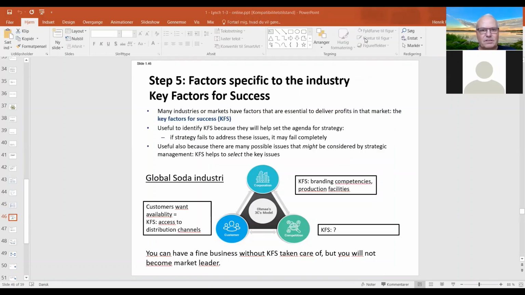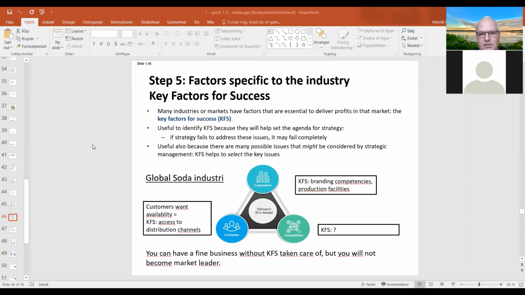And we got to this step 5, factors specific to the industry, also called key factors for success. The key factors for success, the idea about it is that in any industry, there will always be some factors that are more important than others.